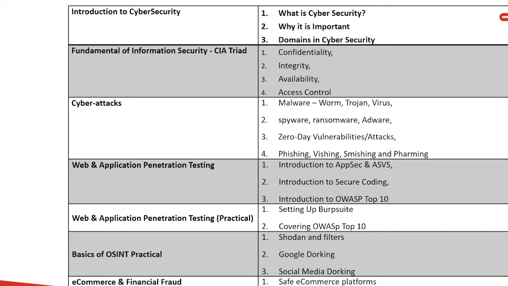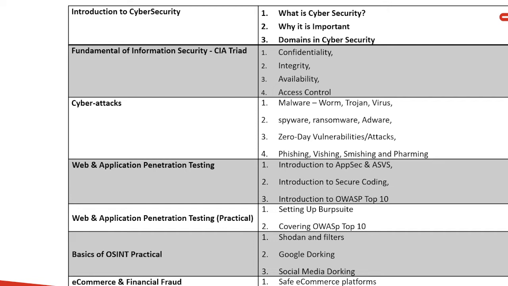We want that these attackers will not have access to the data which is traversing. So we want to make this data very secure, and we want to give secure access to the data.